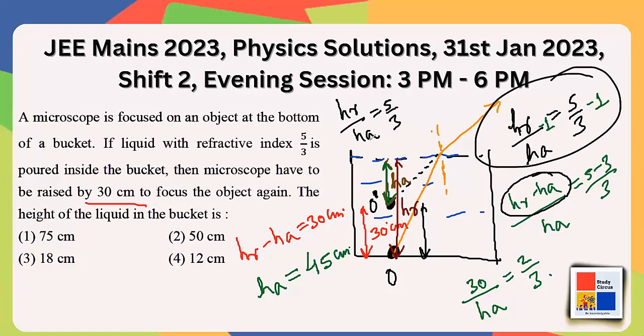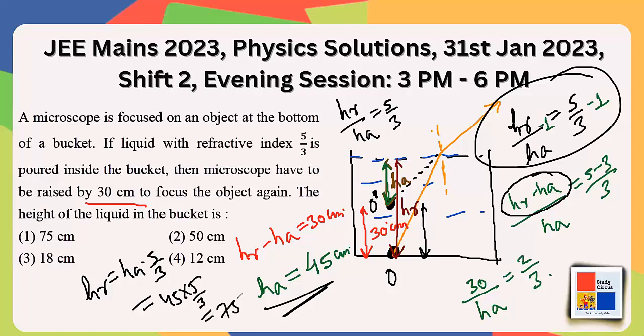So H real is H apparent times 5 by 3, that is 45 into 5 upon 3, which is 75 centimeters. That means the real depth is 75 centimeters, so option number 1 becomes the correct answer. Okay. Thank you.